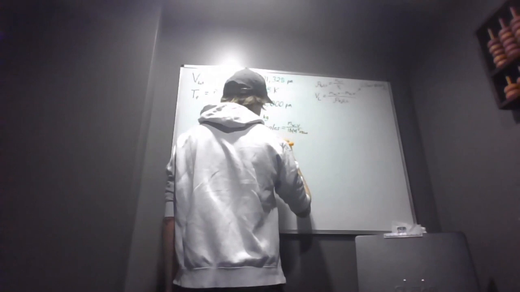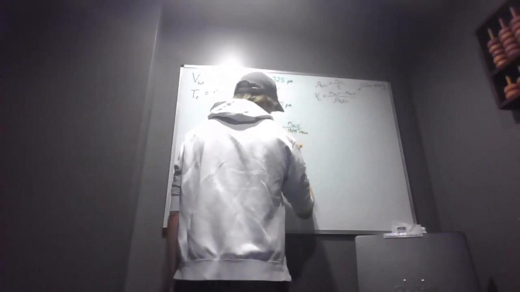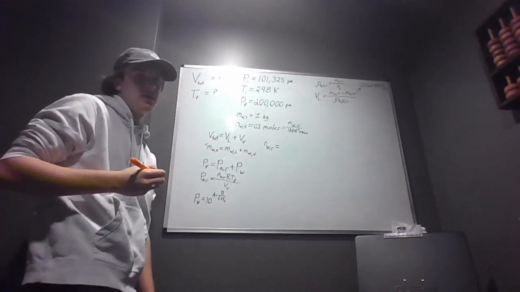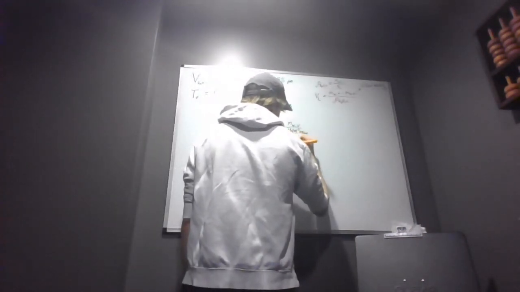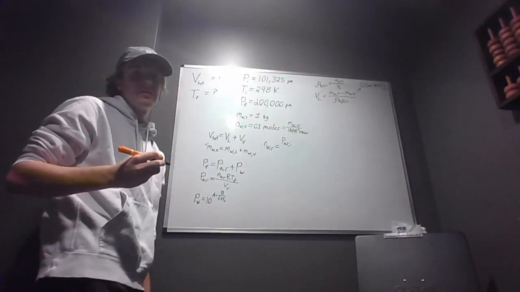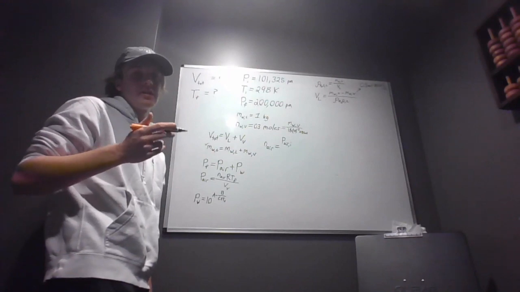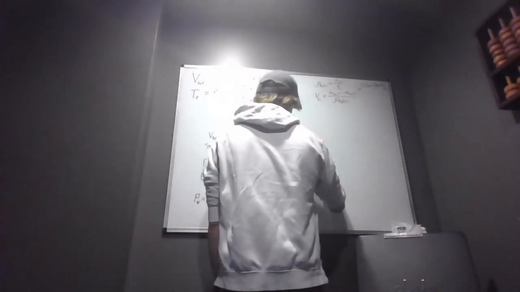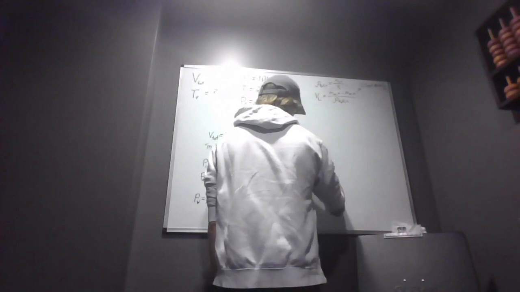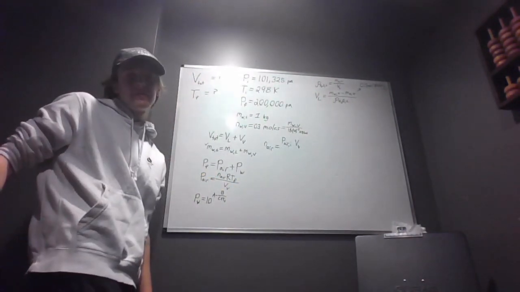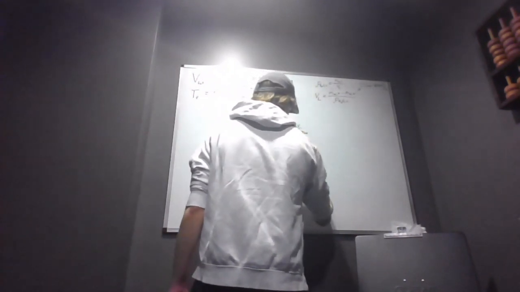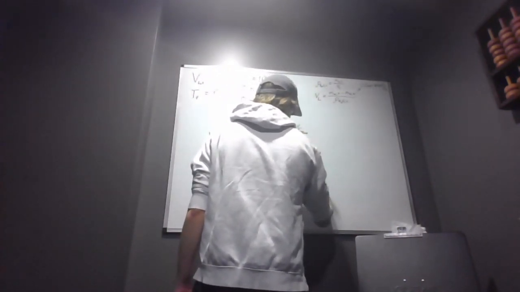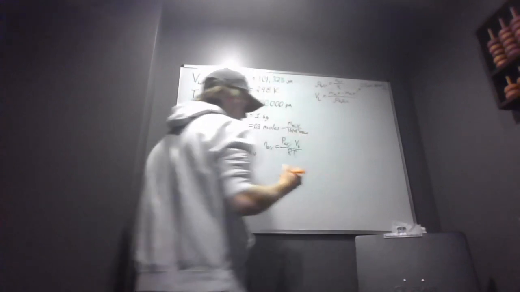So N air will be equal to the partial pressure of the air initially, and then that times the volume in vapor phase over R times the initial temperature.